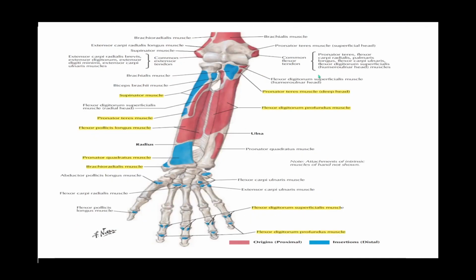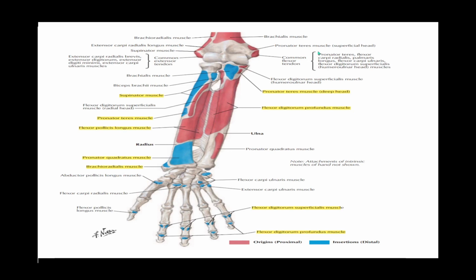So let's just use this image to do a very quick round off. We've got our brachialis muscle. We've got our brachioradialis muscle coming from the distal third of the lateral surface, or the lateral border, of the humerus, inserting into the base of the radial styloid process.